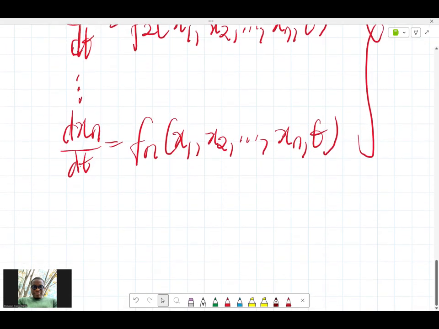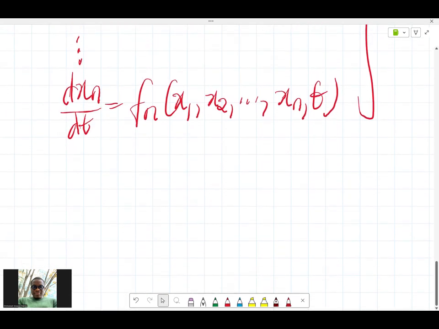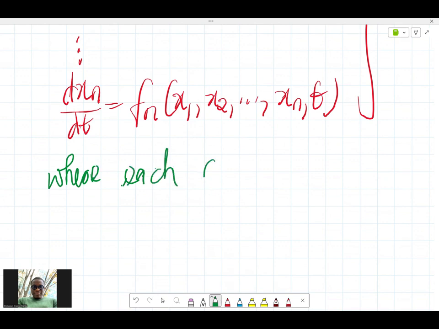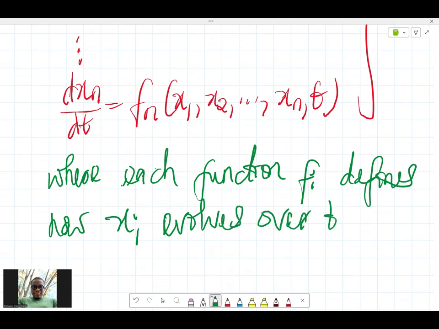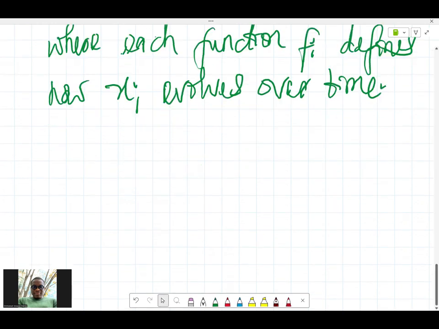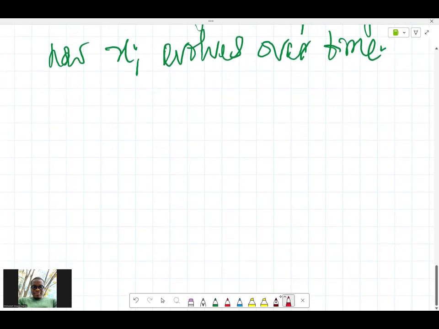You can have all those interconnections, where each function fi defines how xi evolves over time.